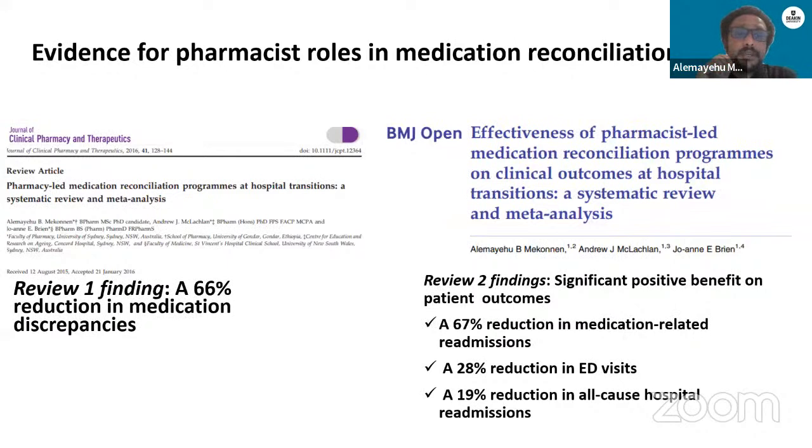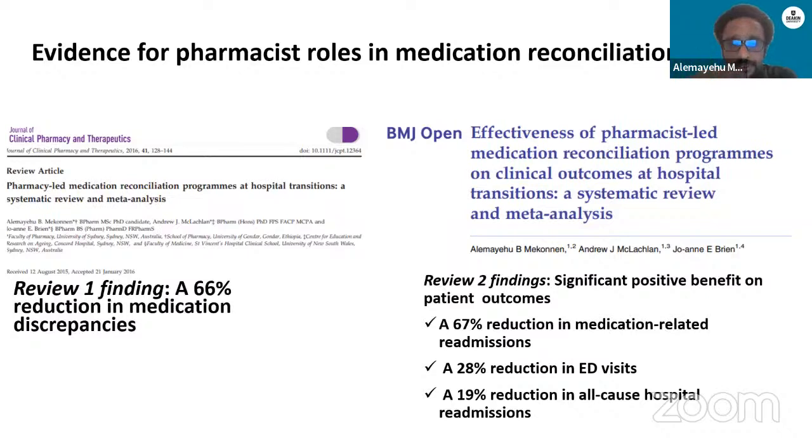The first is that pharmacists can reduce medication discrepancies by 66%, whether at admission or at discharge. Irrespective of the care transition, they can reduce medication discrepancies by 66%. This is the first systematic review I conducted.